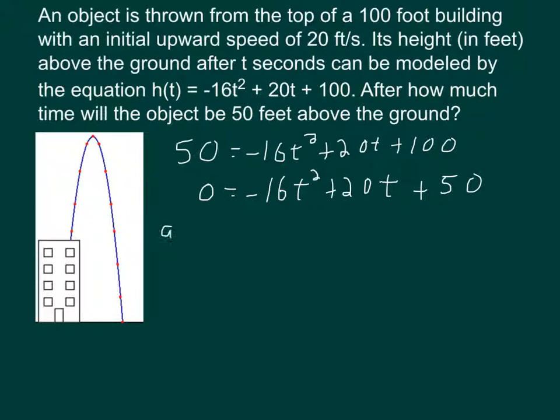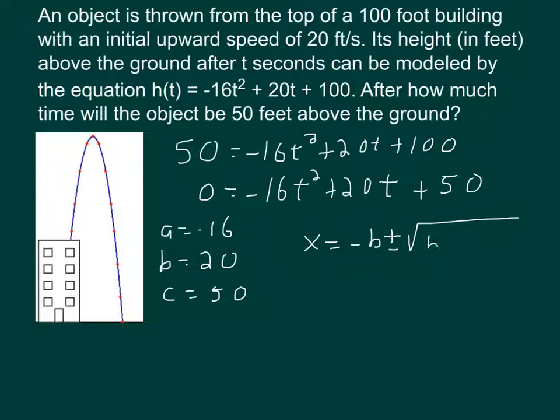I know that a equals negative 16, b equals 20, and c equals 50. So what I'm going to do is plug in to my quadratic formula, which is x equals negative b plus or minus the square root of b squared minus 4ac.